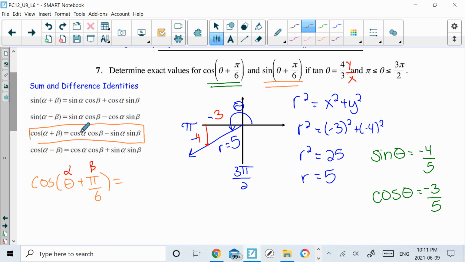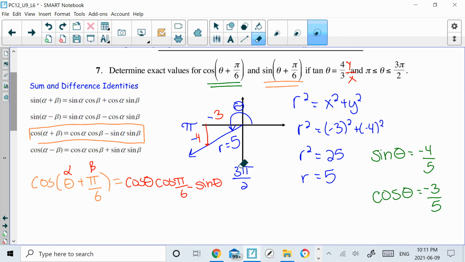According to the identity, it's the cos of alpha, which would be the cos of theta, times the cos of beta, which is cos of pi over 6, and then minus the sine of theta times the sine of beta, which is the sine of pi over 6.